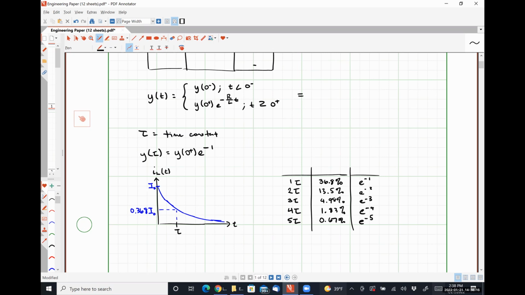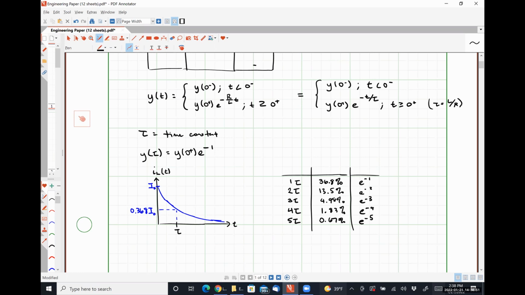So for an RL circuit, we would have y at 0 minus for t less than 0 minus, and then y at 0 plus times e to the negative t over tau for t greater than or equal to 0 plus, where tau is defined to be L over R.